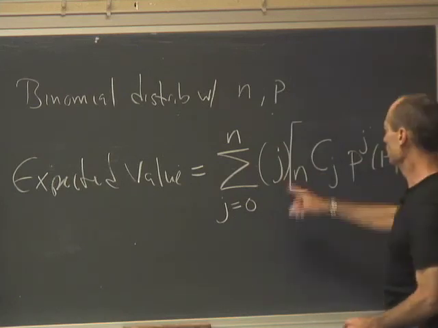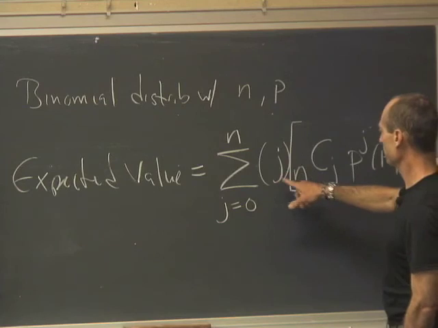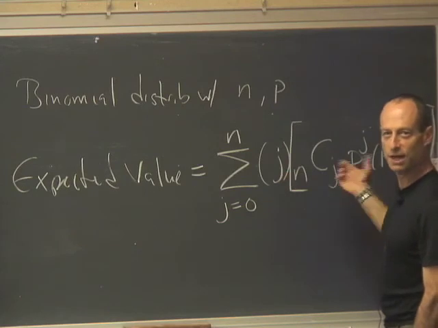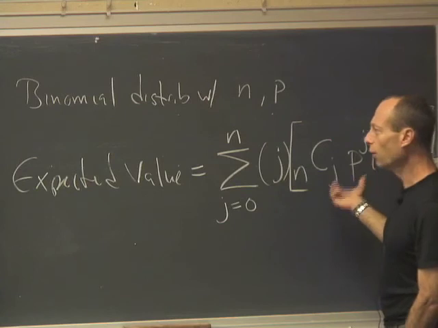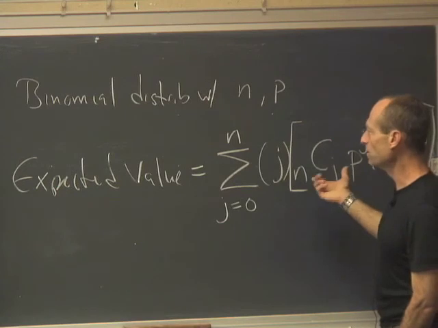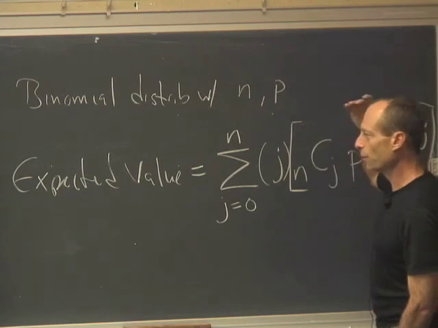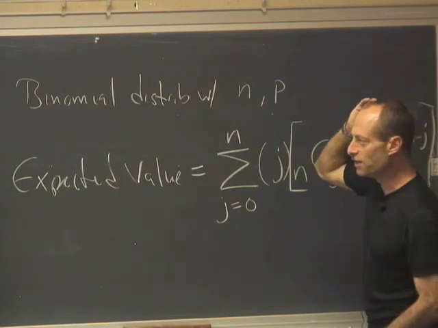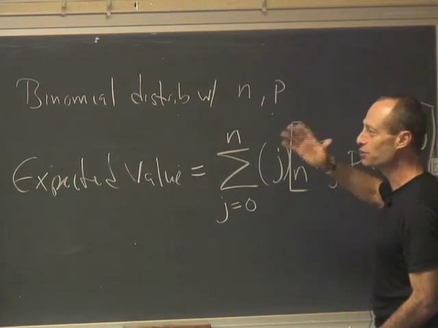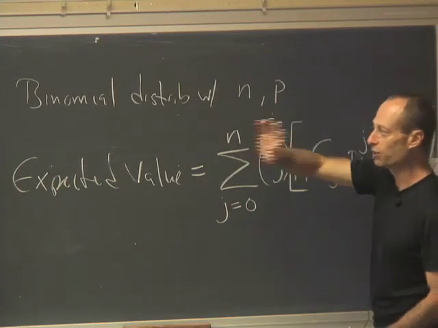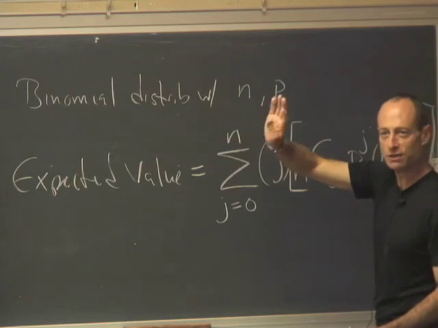Okay? So we could do this sum, and it would take us the rest of the lecture. Or we could use the fact that a binomial is, what has a binomial distribution? Well, little n draws with replacement from that box of tickets, the sum of the draws.